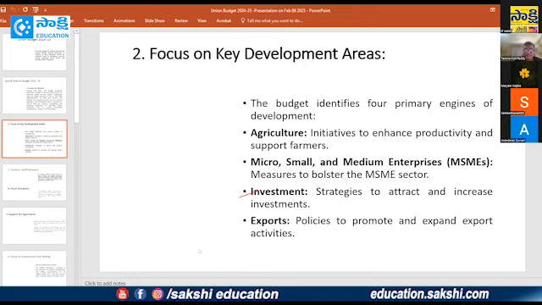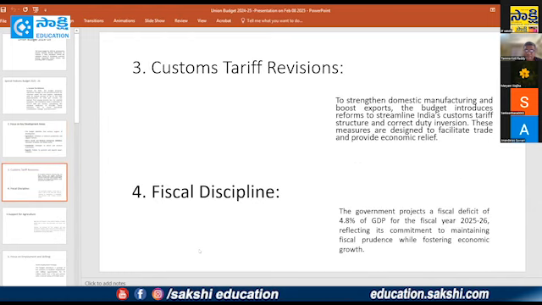That is one of the important policy-based strategies to attract and increase investment, as well as giving more priority to exports, policies to promote and expand export activities. So these four are the main criteria. On the basis of that, they are making the plan for strengthening our economy.